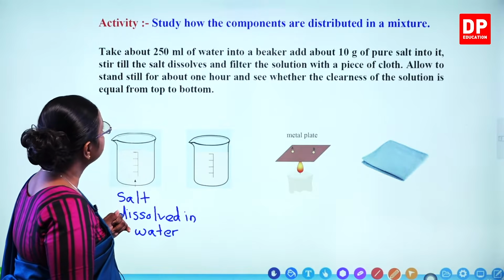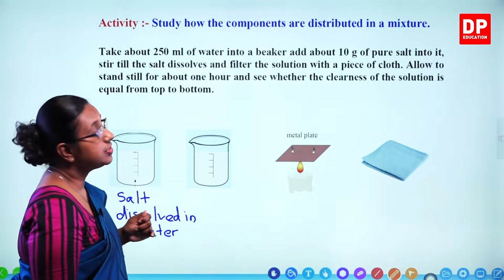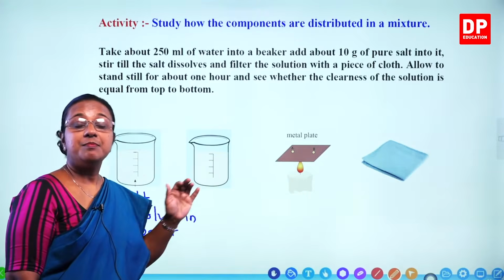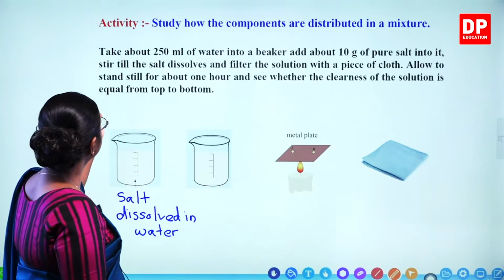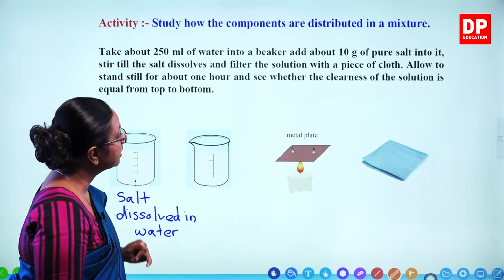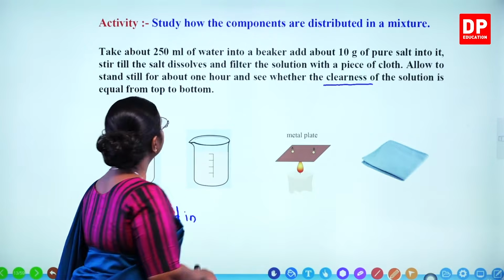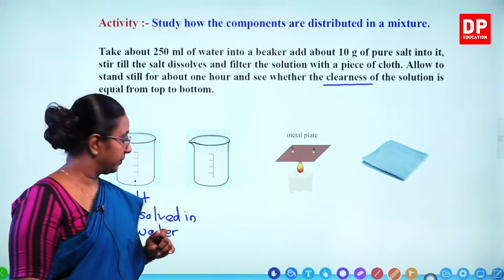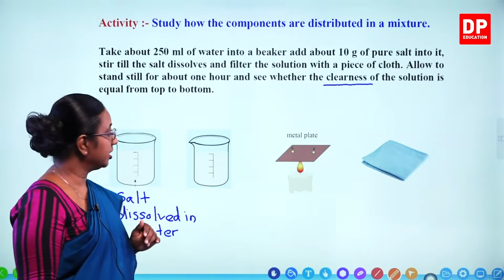Stir till the salt dissolves and filter the solution with a piece of cloth. Same as the previous activity. Allow to stand still for about 1 hour and see whether the clearness of the solution is equal from top to bottom. So initially we have the salt solution.